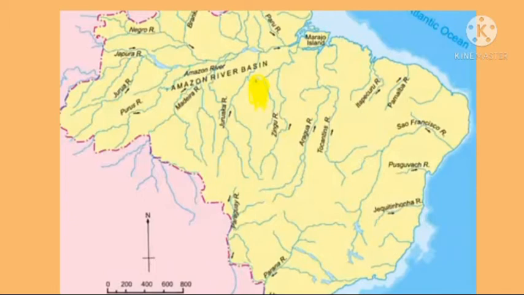The first one is the Amazon River Basin, the second is the Paraguay and Parana River Basin, the third is São Francisco, and the last one is the coastal rivers. If you observe the first one, the Amazon Basin, the Amazon collects its headwaters from the eastern slopes of the Andes Mountains in Peru. Here Peru is very clearly mentioned, a neighboring country.